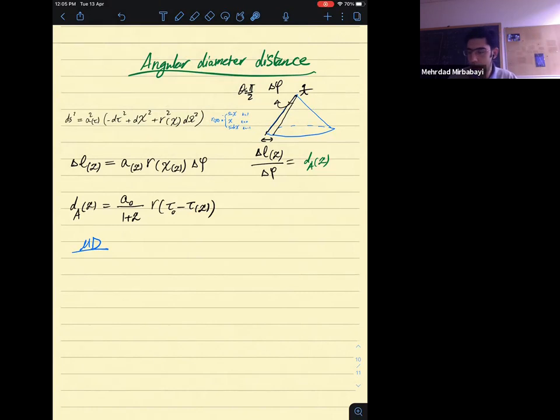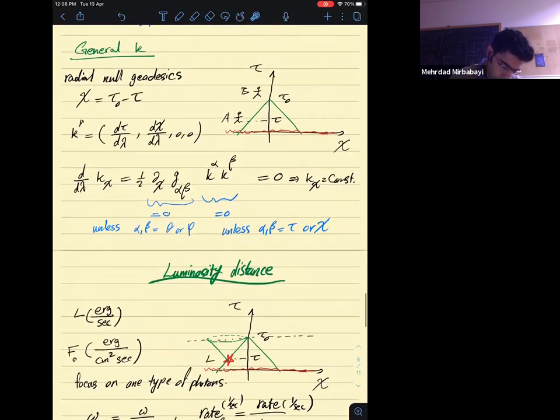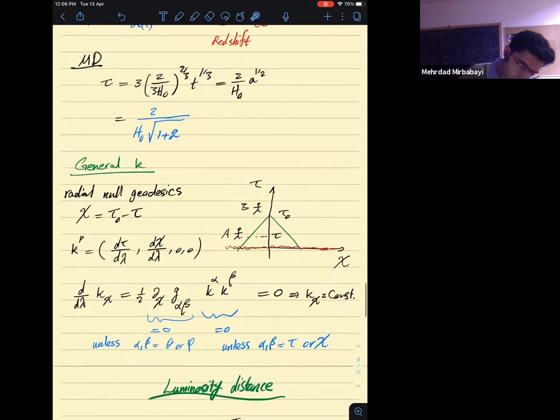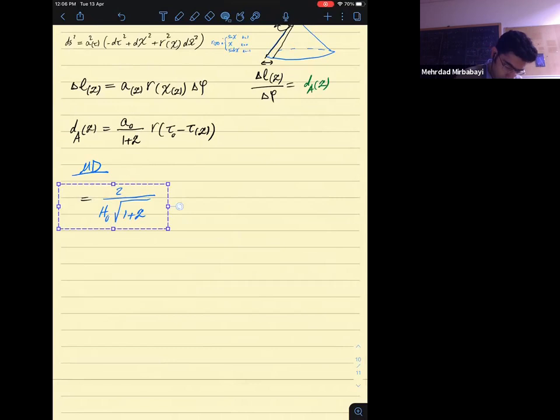Remember, tau of z was given by 2/h0 times the square root of 1 plus z.